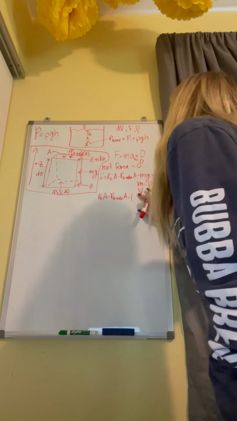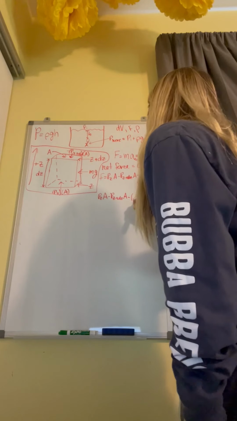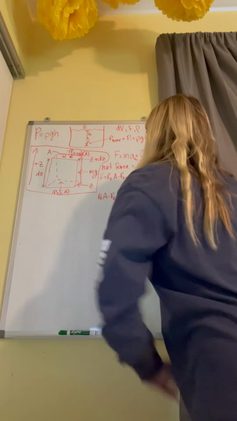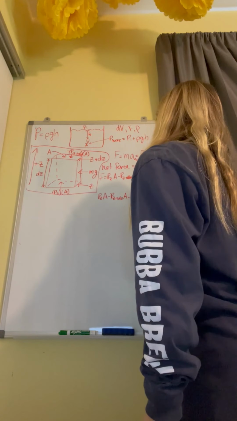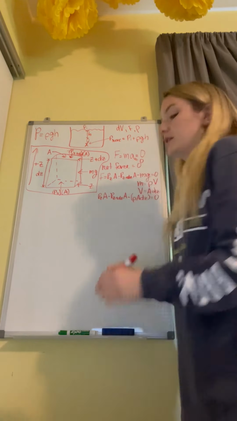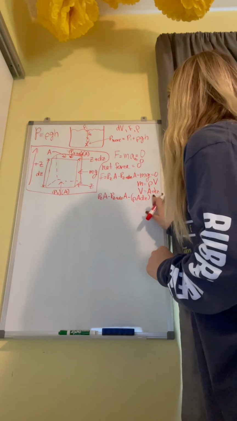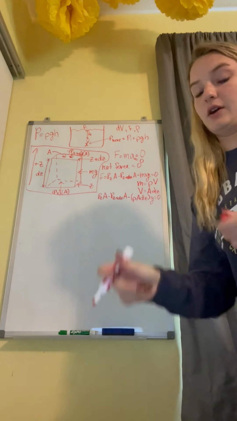We are going to have the density rho. We're getting a little messy here. We're going to have rho times area times dz is all equal to 0. We forgot gravity. Times gravity equal to 0.